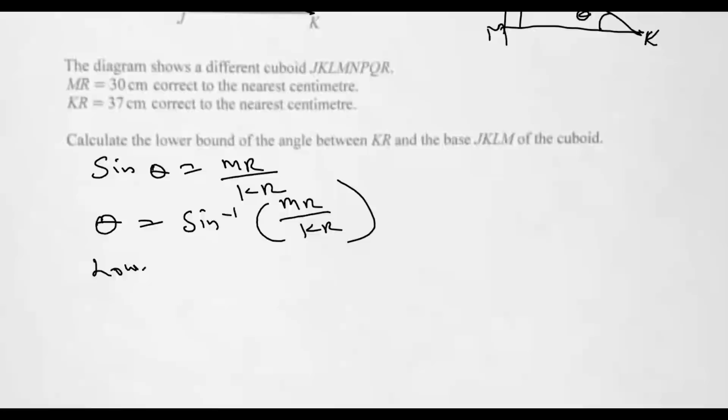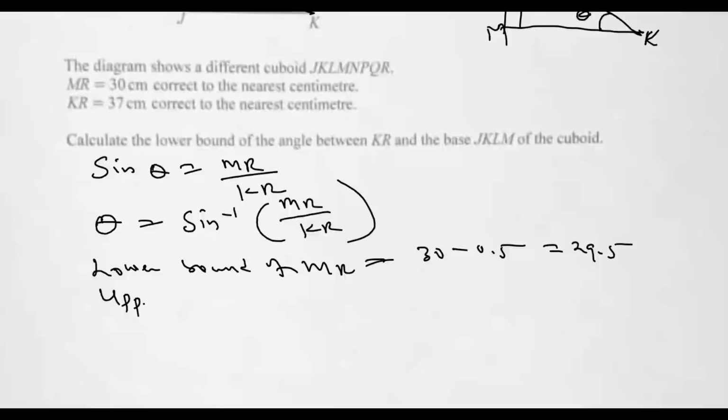So for MR now, the lower bound of MR will be equal to 30 minus 0.5, so that will be 29.5, and we need the upper bound of KR.